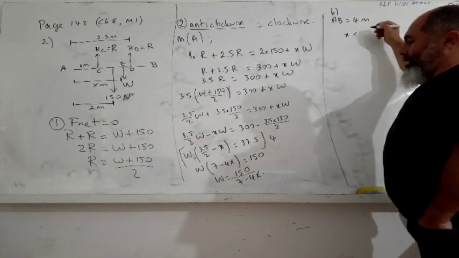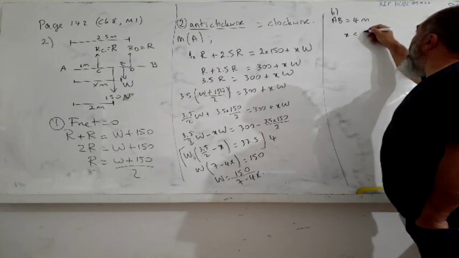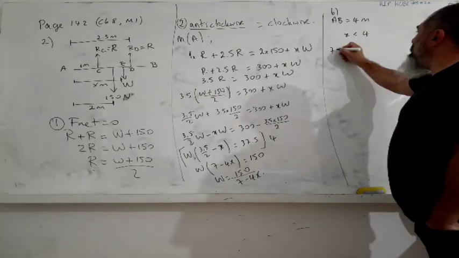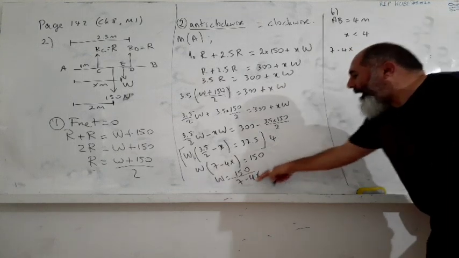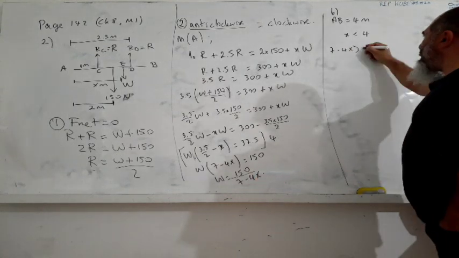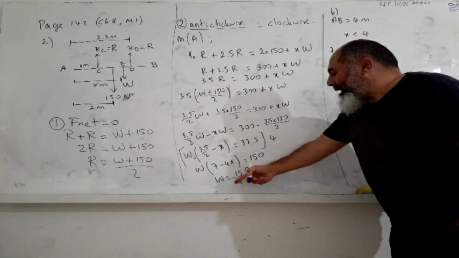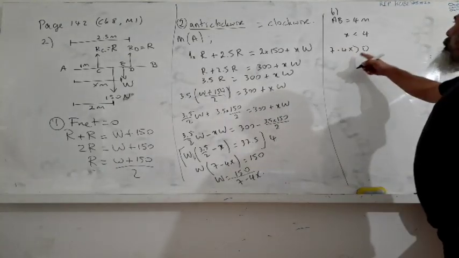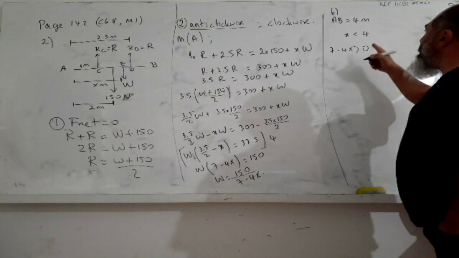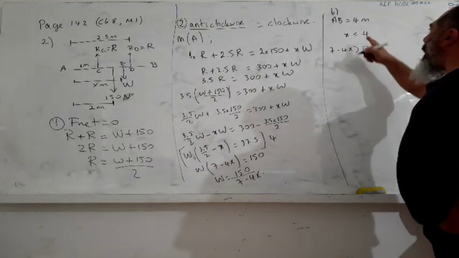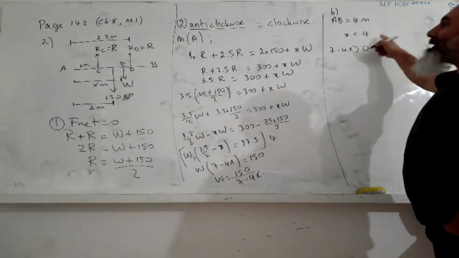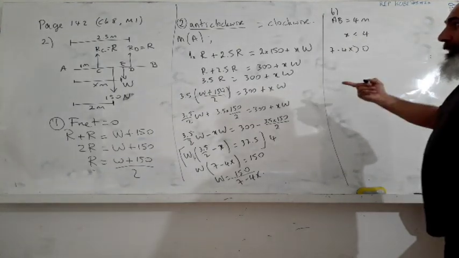And 7 minus 4x, that part must be greater than 0, because we cannot have a weight less than 0. So we have two conditions here. Either x is going to be less than or equal to 4, because AB is 4, we cannot have a weight there.